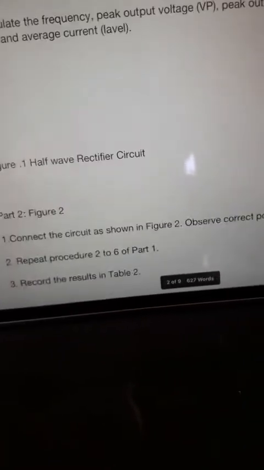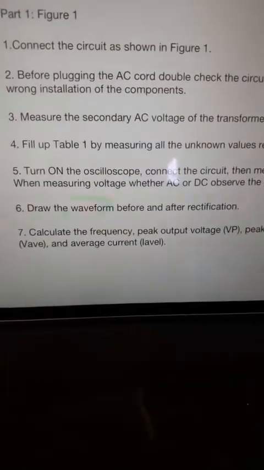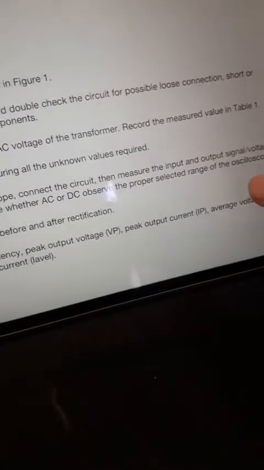Upon reading the procedure, I realized the applied voltage must have been, since it says here, measure the secondary voltage and record the measured value in table 1.